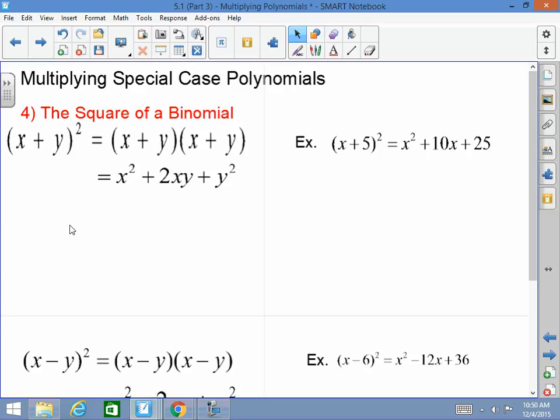And when we start factoring, knowing these special cases is going to make you so much more efficient at factoring. It's going to be so much easier for you. You're going to be so thankful that you learned it. So I'm going to teach it, and then it's going to be up to you to determine whether or not you want to learn it.